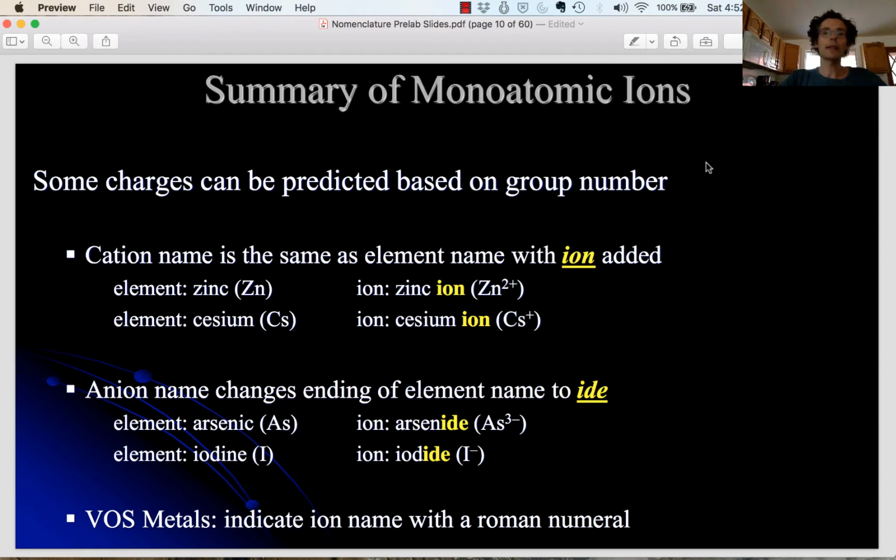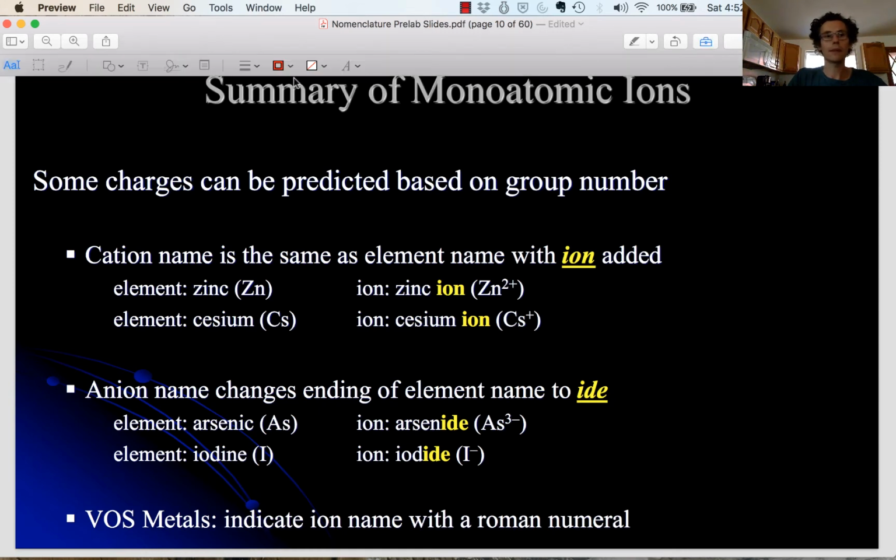So summarizing the monoatomic ions, you have cations, right? First and foremost, that was the first one we talked about. With cations, you're just going to name the metal followed by the word ion. So for instance, zinc is going to be zinc ion when it's zinc 2+. Cesium, Cs, is going to become cesium ion when it's cesium+.